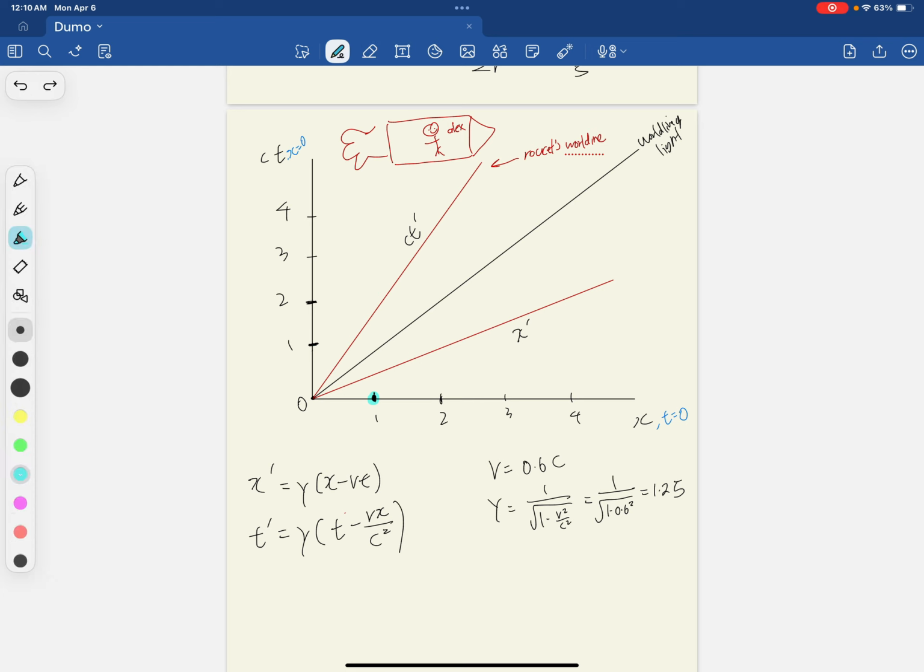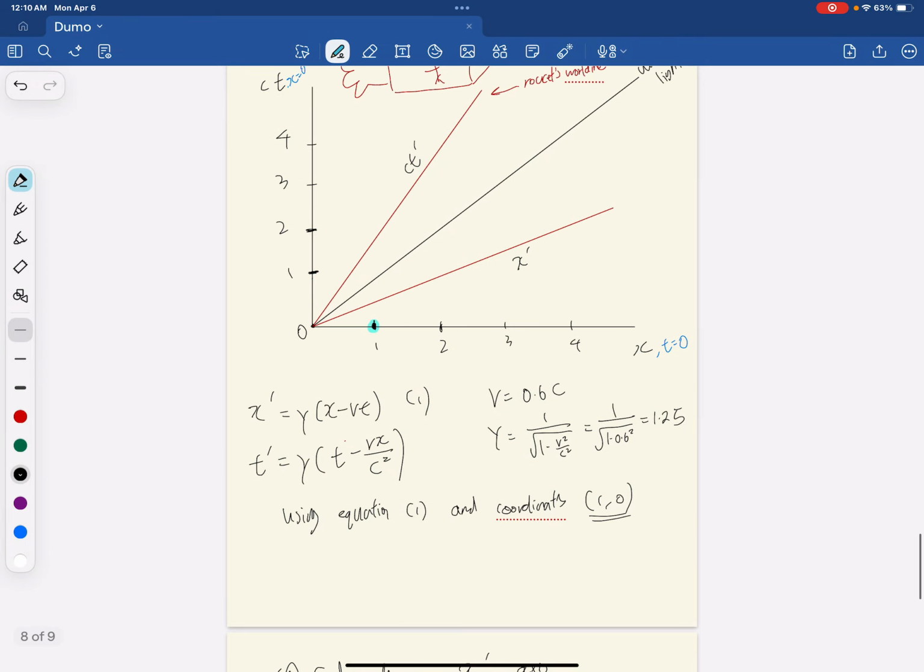Using equation 1 and the coordinates 1, 0. Let's see where this lies on the x primed axis.